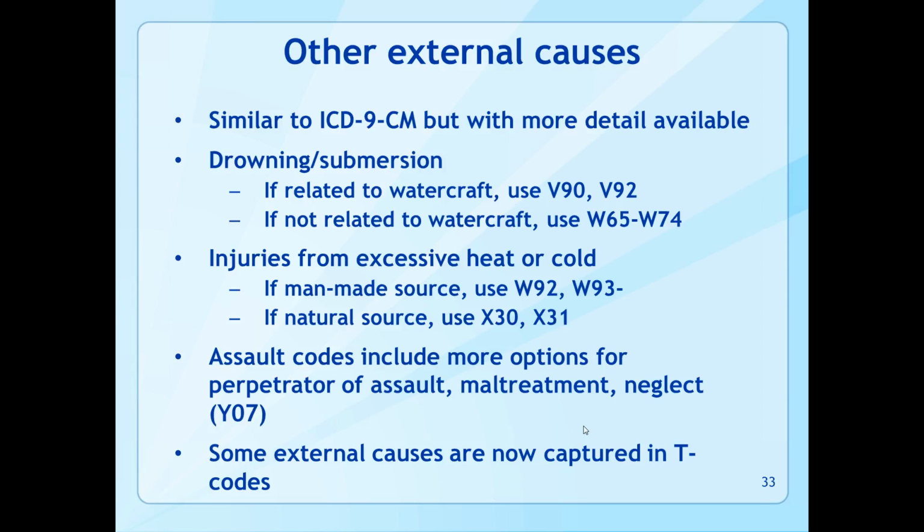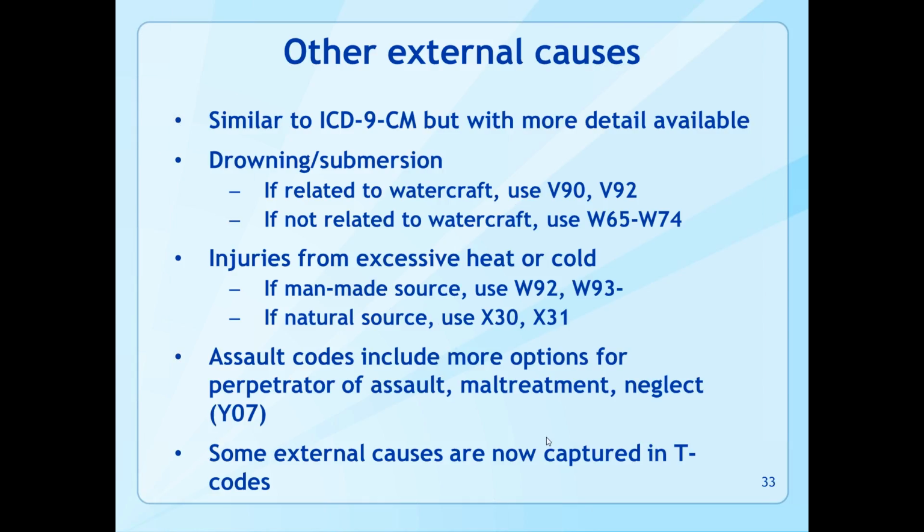So for most of the other external cause categories, and those are things like drowning and submersion, or exposure to electric current, or radiation, or hypothermia, injuries from smoke or fire or hot objects or liquids, or exposure to forces of nature like tornadoes or earthquakes or that sort of thing. Those are very similar between ICD-9-CM and ICD-10-CM.